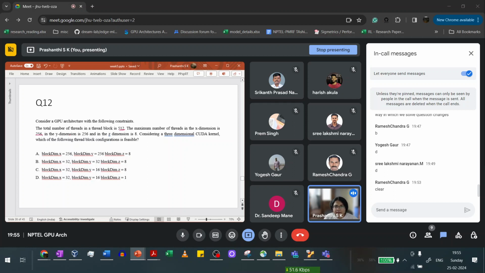You have to consider both of these things, the total number of threads constraint as well as the max number of threads in each of the dimensions.